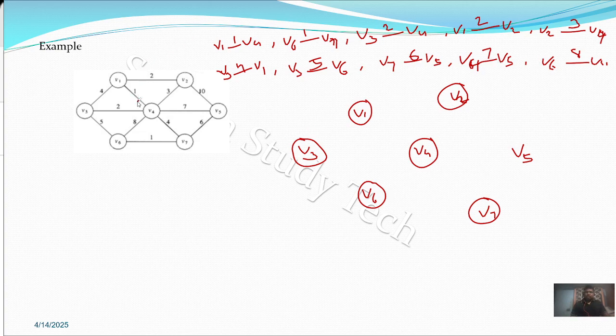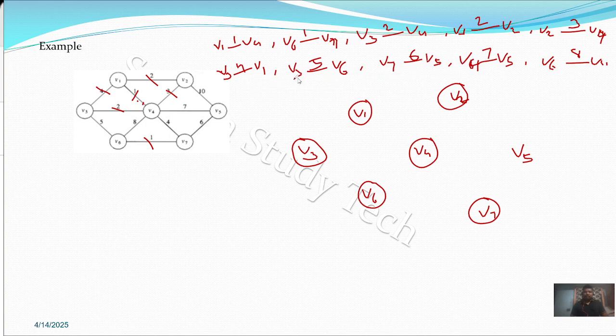So this is edge 1, V1 to V4, and that is done. V3 to V4 you can also take, V1 to V2 also, then V2 to V4 you can consider, and V3 to V1 you can consider this edge.